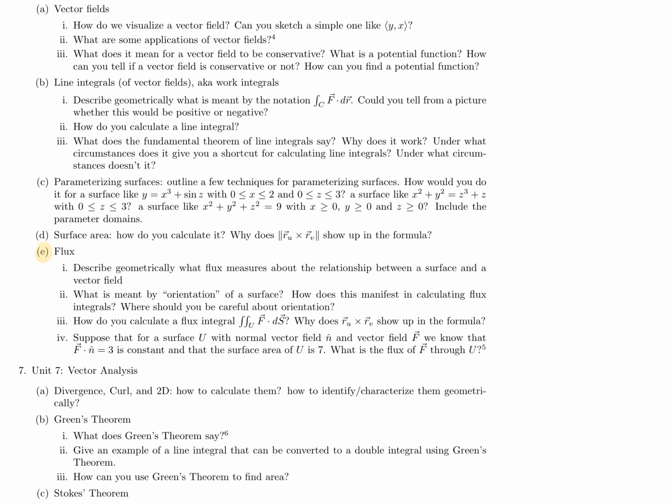The place where you need to be careful when calculating is that at some point you're going to use something like RU cross RV, or come up with the unit normal vector n, and you have to make a conscious decision whether the equation you came up with for the unit normal vector or RU cross RV is pointing in the positive direction or not.